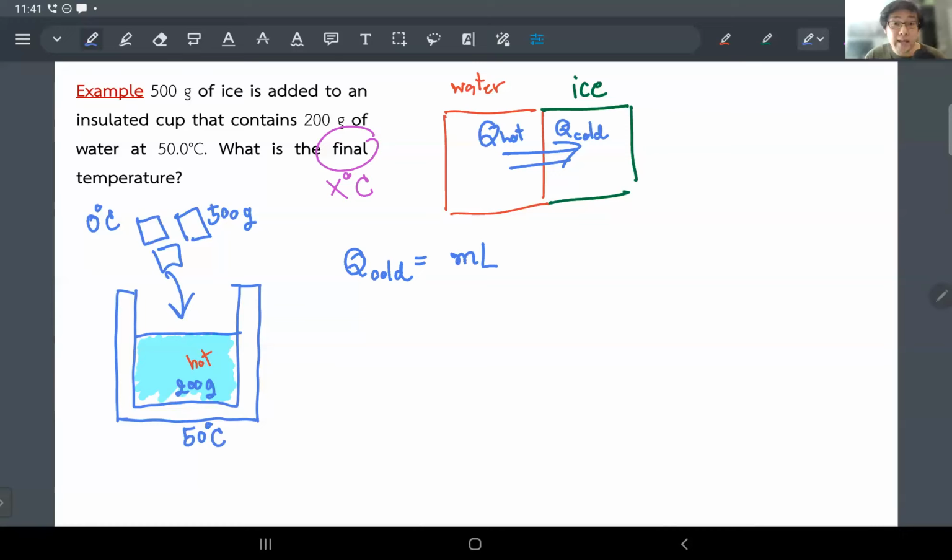Once the ice has melted, it starts to creep up in temperature, so it is followed by the energy needed to raise the temperature to X degrees Celsius. When the ice has completely melted it is water at 0 degrees Celsius, so the delta T goes from 0 to X degrees Celsius. Does that make sense?